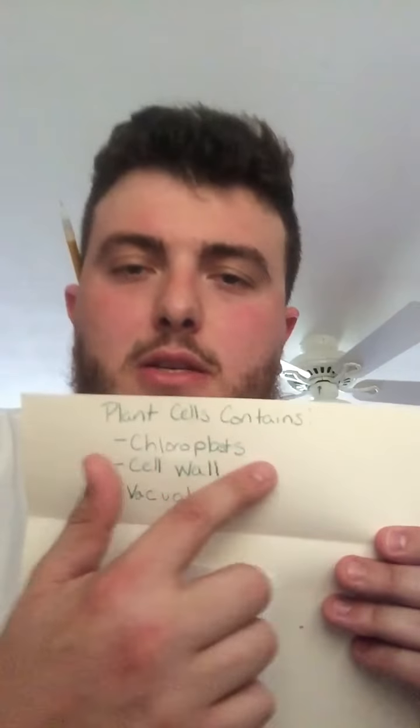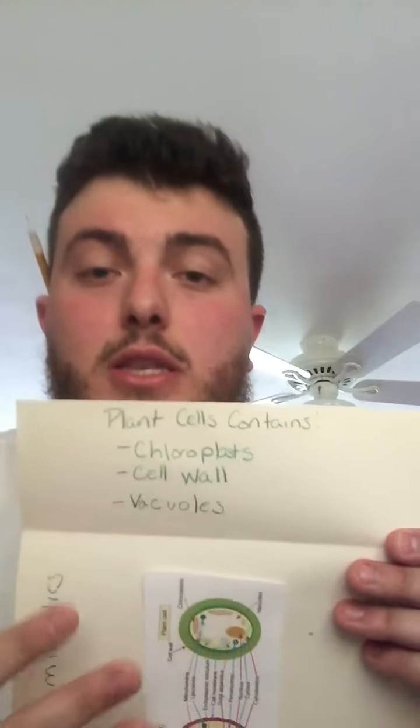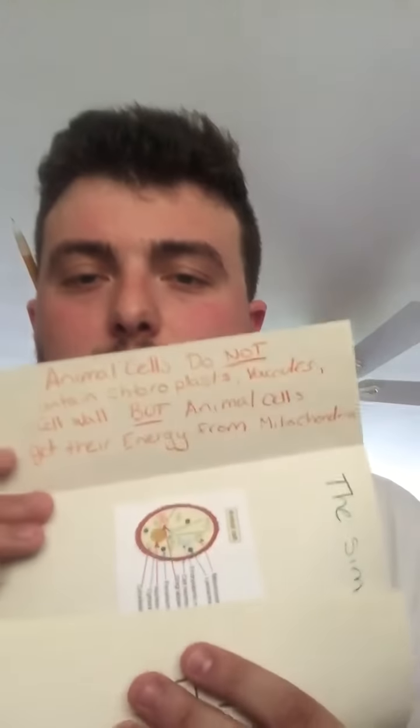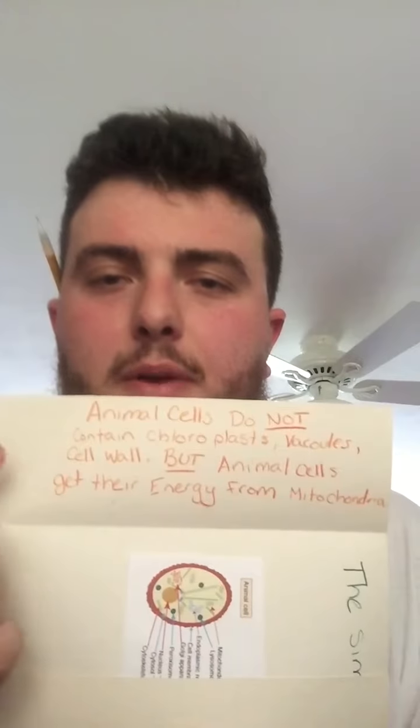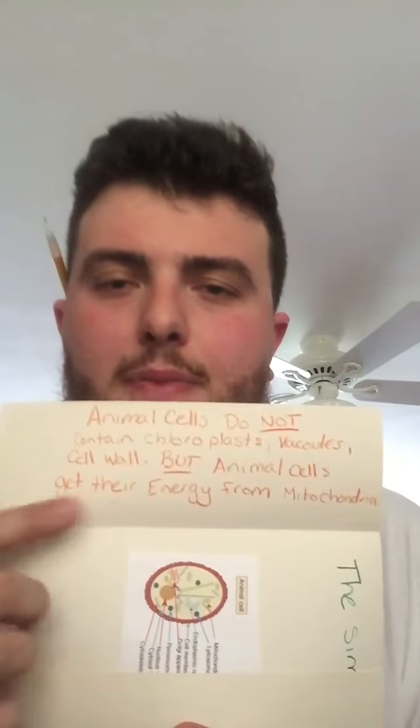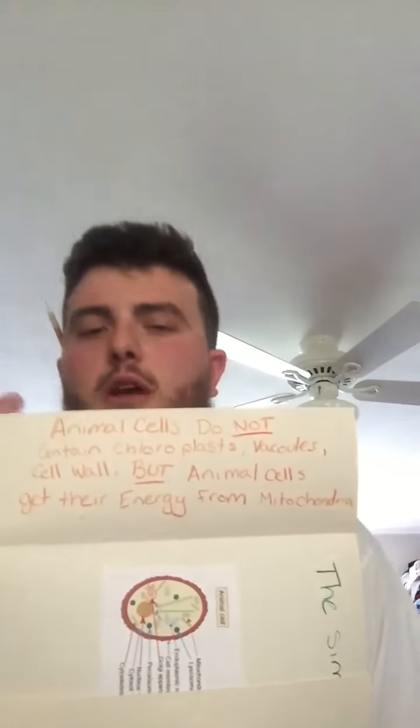Over here you can rewrite, so plant cells contain, and then the 3 things. Then it goes over here and says, here's the animal cell. When you cover this up, it covers perfectly, so you can see just the animal cell or the plant cell. The biggest thing is that the mitochondria goes off and is the energy source of the cell itself.